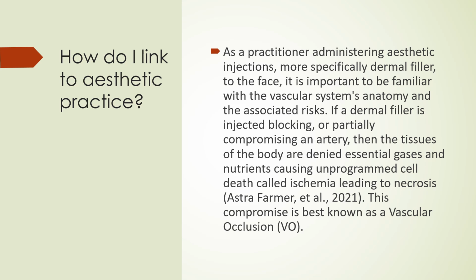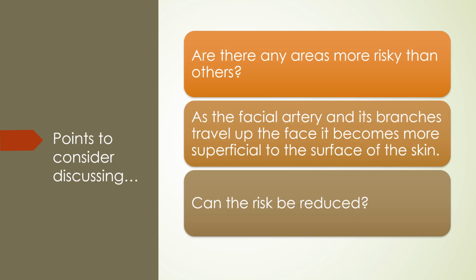So you can obviously start to talk about the aesthetic injections and dermal filler and why it's important to be familiar with the vascular system to reduce the risk significantly of a complication. So to round up, are there areas more risky than others? Name those areas.